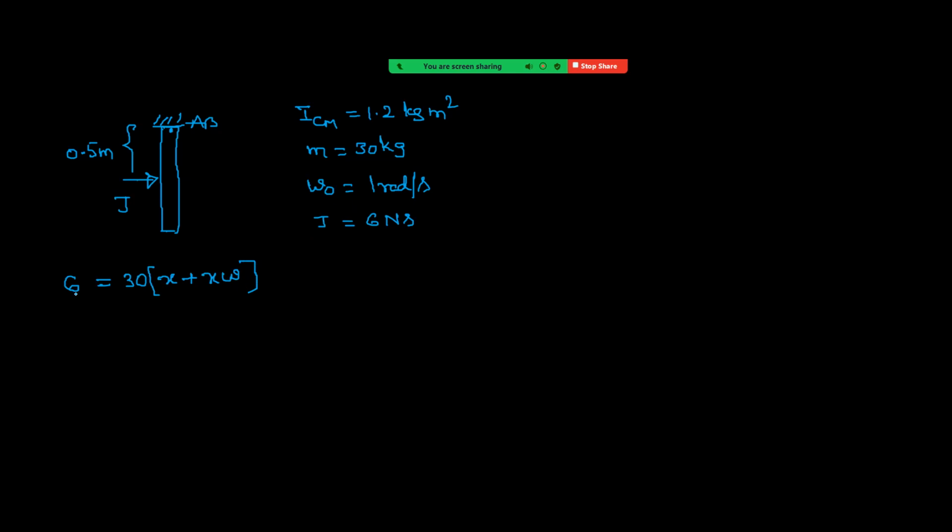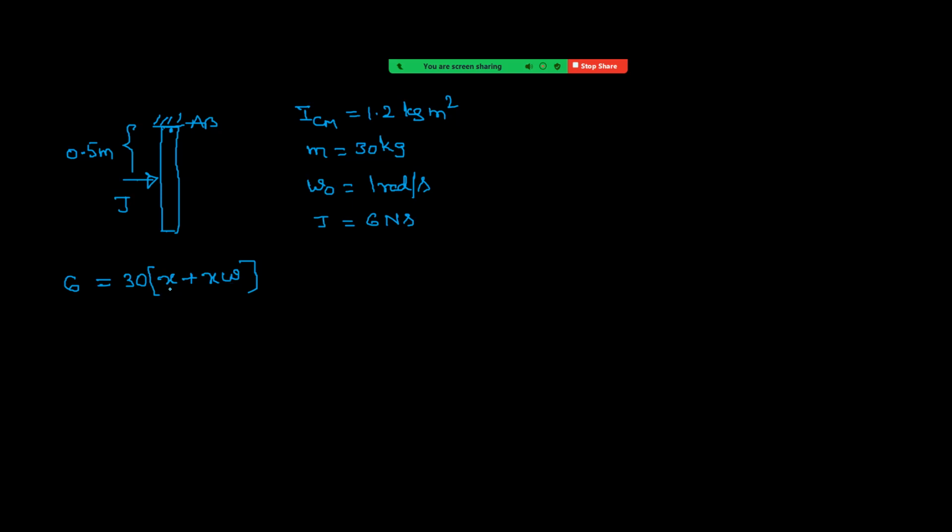First of all, we are writing the impulse. This is the net impulse, because there is no hinge reaction from the support. Net impulse equals change in momentum, so we take momentum for the center of mass. Velocity before is 1 into x, next omega into x.